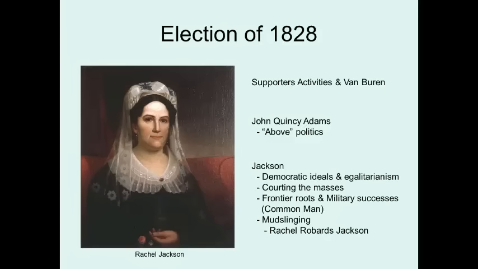And this story that I'm about to tell about Jackson and his wife Rachel really helps to explain Jackson's mindset when he's president, why he behaves the way he does to his political enemies while he's president. So here's the story. In 1791, Andrew Jackson married a woman named Rachel Robards. Now, Rachel had been married before, but her husband was not a good man.